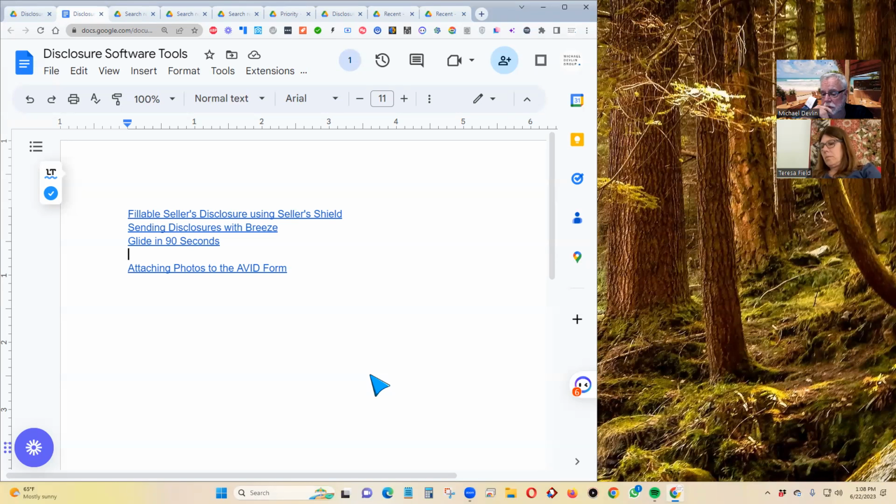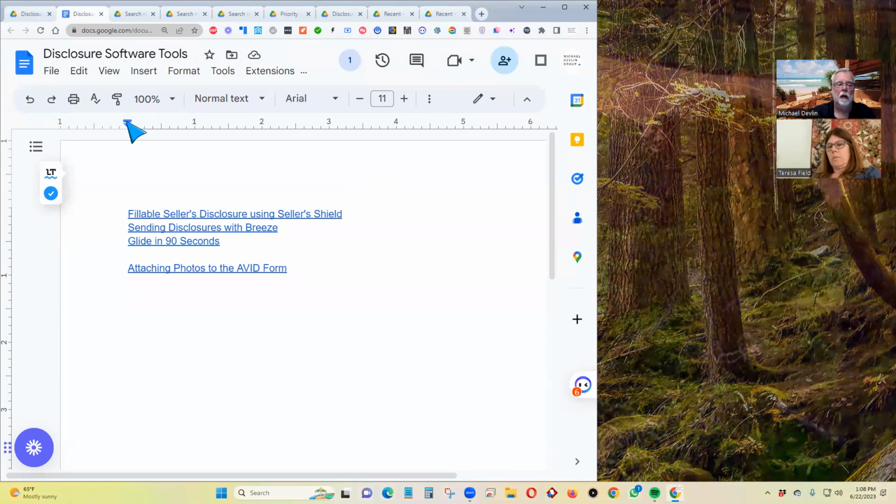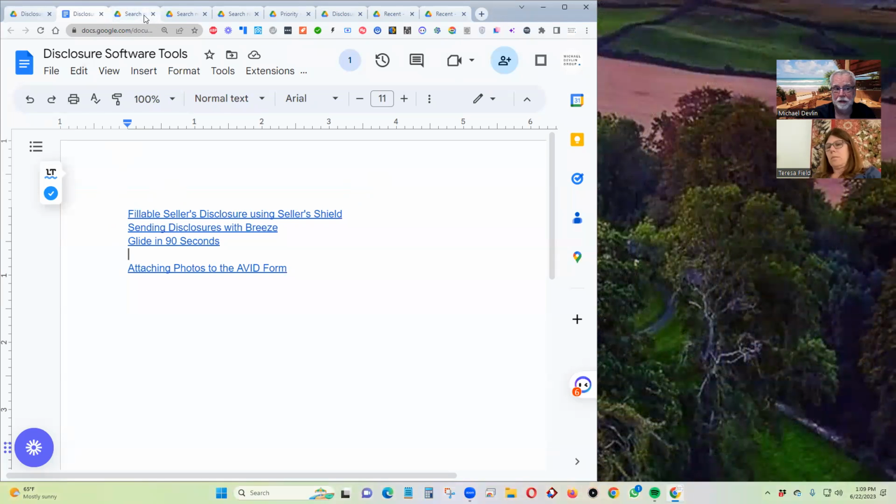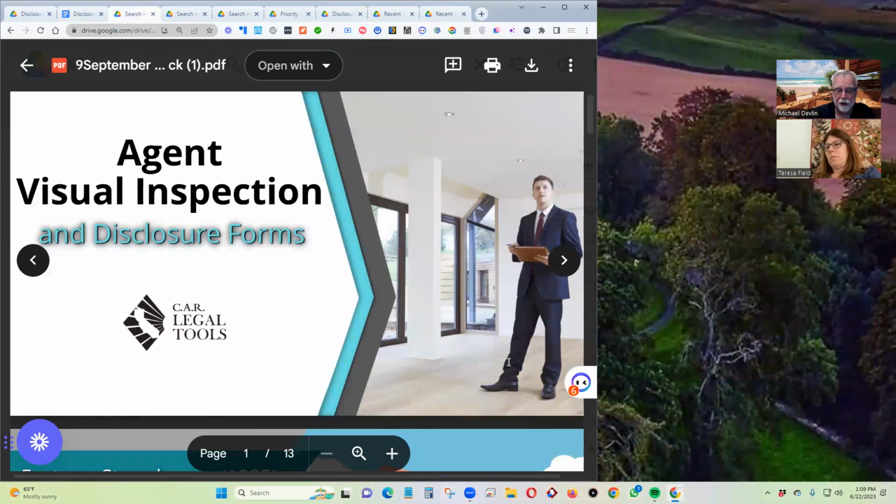What does this mean? And as I recall, the lawyer I was listening to recently talked about how the agent has a duty to help the seller, because you have a fiduciary duty to the seller to represent their best interests. I would be prepared to help them fill out the form.